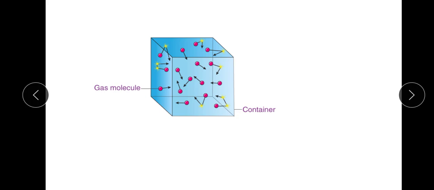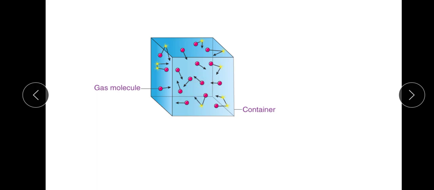You can observe in the diagram the collision of these molecules is completely elastic, conserving kinetic energy and linear momentum. The fourth point says the intermolecular distances are so large that the motion of one molecule is unaffected by the presence of other molecules, which means there are no intermolecular forces between the molecules.